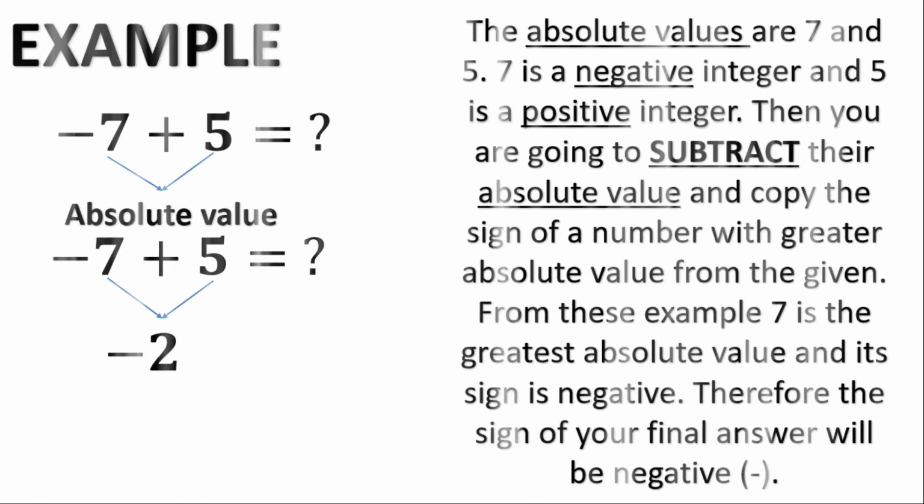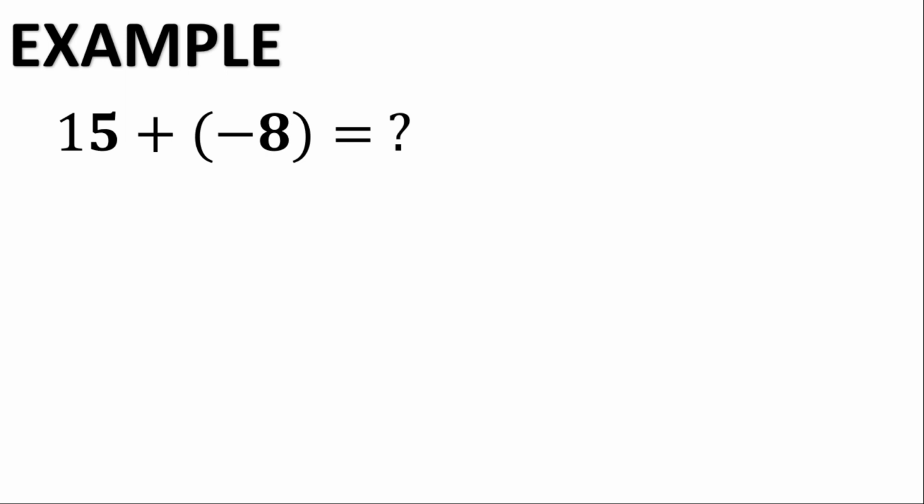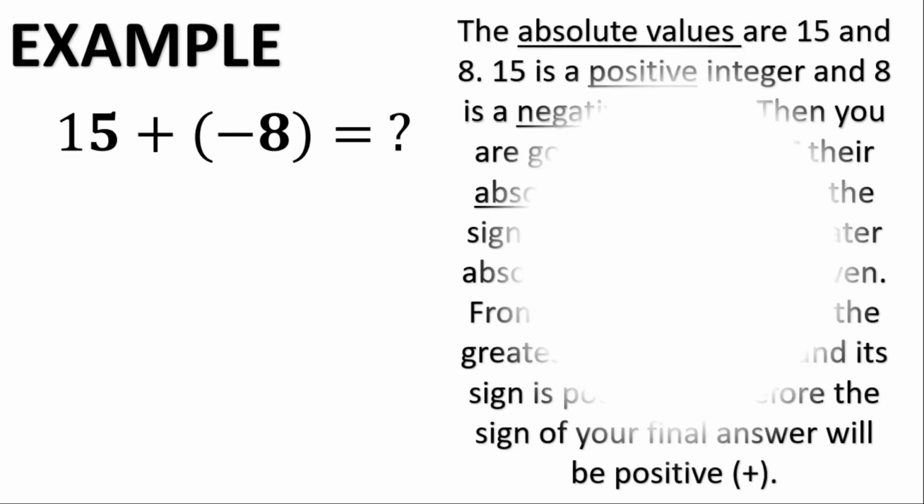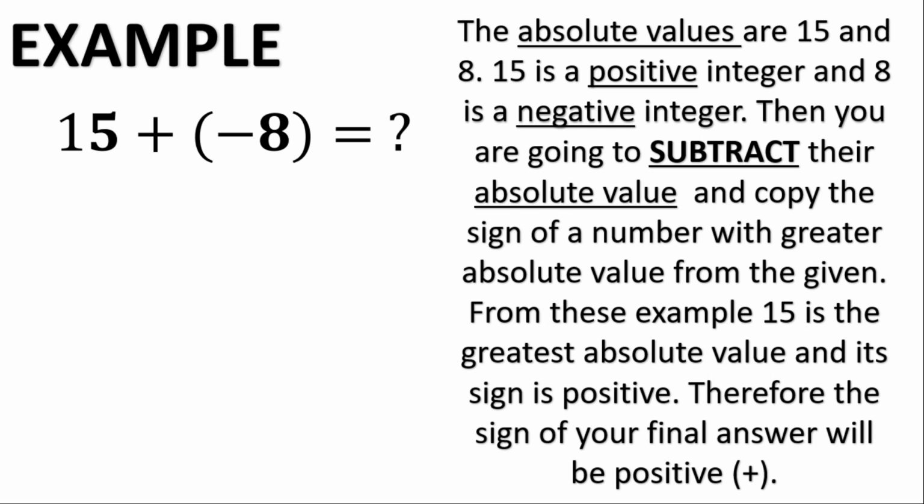Another example. Let's say we have 15 plus negative 8. The absolute values from this given are 15 and 8. 15 here is a positive integer and 8 is a negative integer. So, dahil unlike sign sila, we are going to subtract their absolute values and still we are going to follow the rule. We need to copy the sign of the number with greater absolute value.